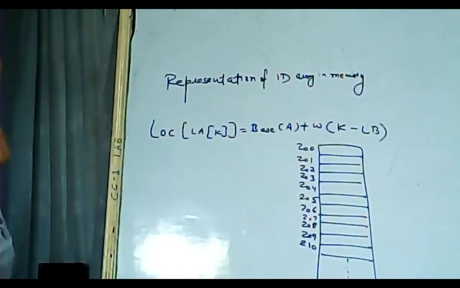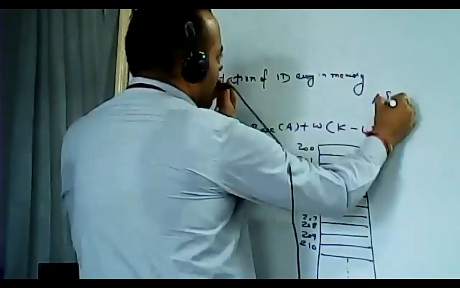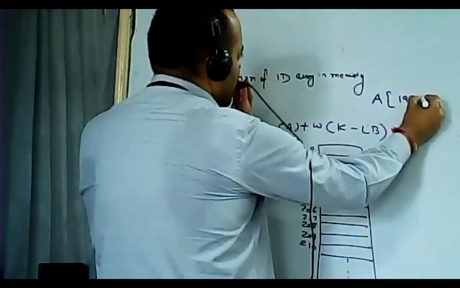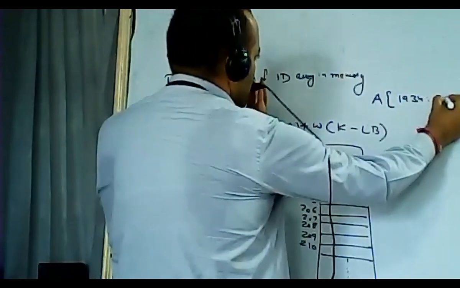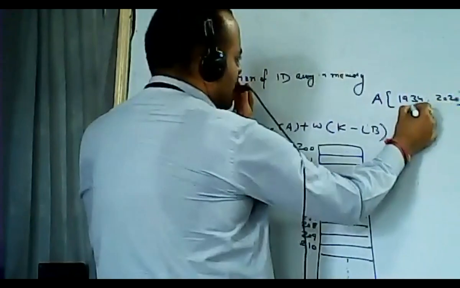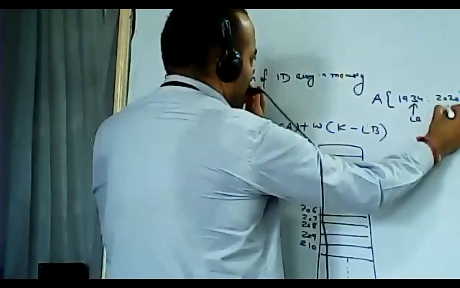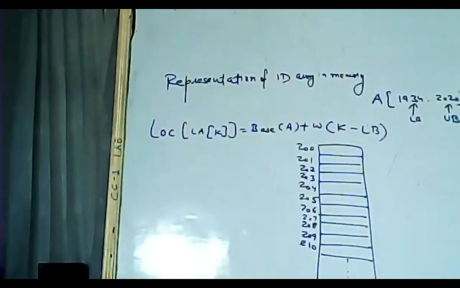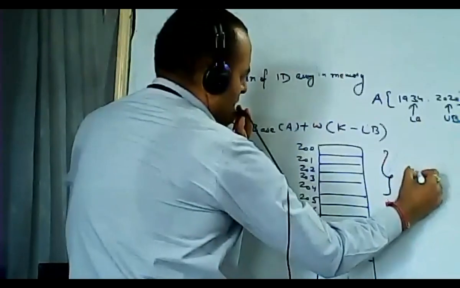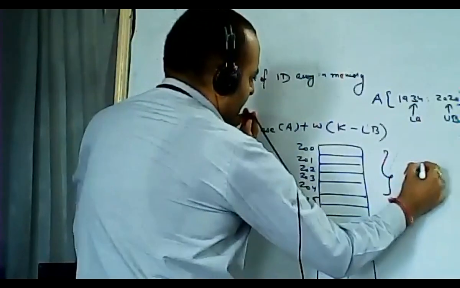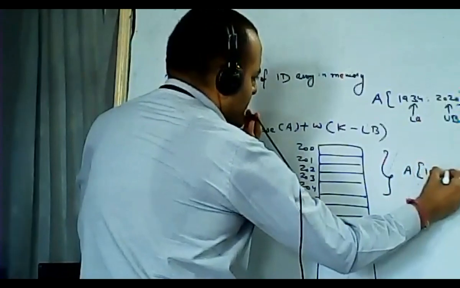Is it clear? Yes, sir. My array name is A, 1934 to 2020. So this is my lower bound of the array, and this is my upper bound of the array. Okay? Is it clear? Yes, sir. Now, this is array A starting from 1934.